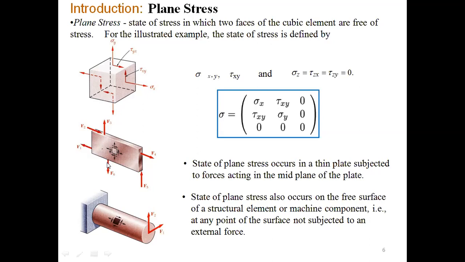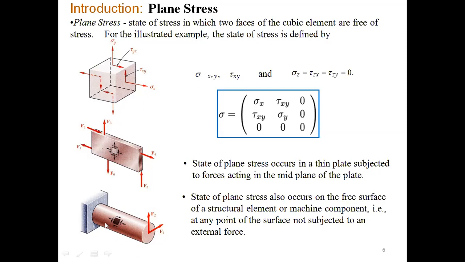Similarly, here you could see that the loading is on this face, and on this surface there is no loading. So if you are solving the problem for this surface, this is a plane stress problem. A state of plane stress also occurs on the free surface of a structural element or machine component, that is, at any point of the surface not subjected to an external force.